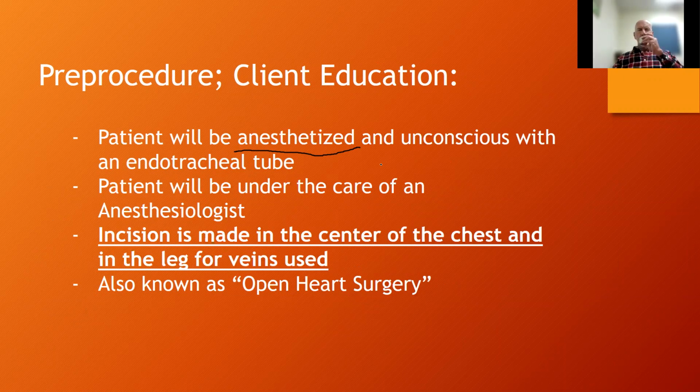Now, if anybody out there is a paramedic, or if you've ever been to ACLS training, you will learn all about the endotracheal tube, because you will actually be practicing doing this in your ACLS training. Patient will be under the care of an anesthesiologist for the entire procedure. And an incision is made in the center of the chest and may be made in the leg, depending on what area of the heart they have to bypass.